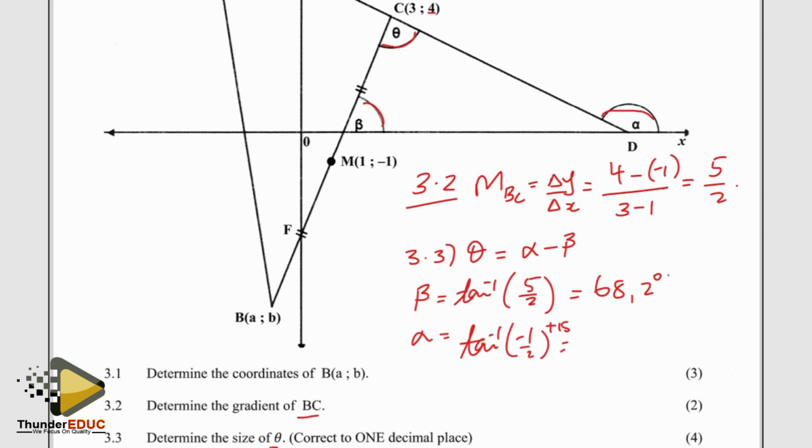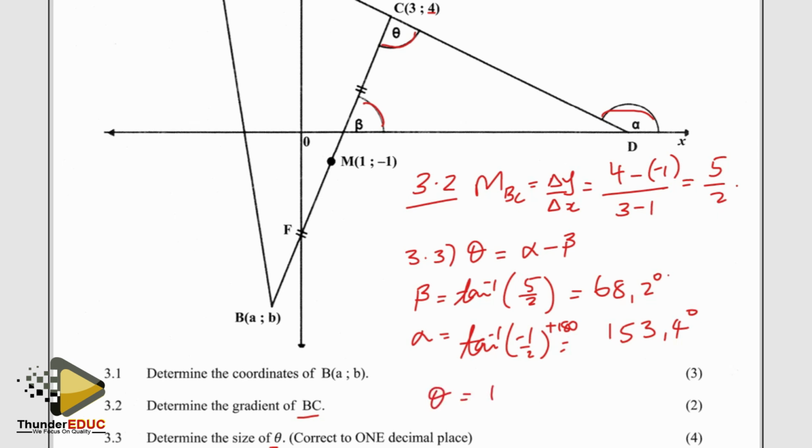And then I have to plus 180 since it's the negative angle. So shift tan of negative 1/2. I'm getting negative 26,57. And then when I plus the 180, I end up with 153,4 degrees. So I have beta, I have theta, I have alpha.